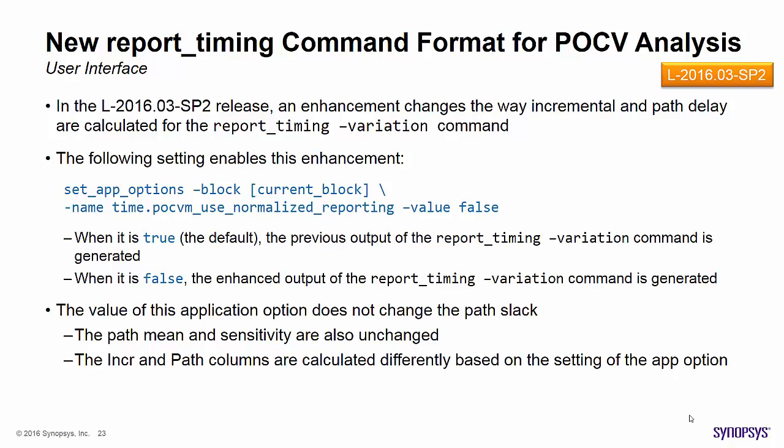When it is true, which is the default, the previous output of the report_timing -variation command is generated. The value of this app option does not change the path slack. The path mean and sensitivity are also unchanged. The increment and the path columns are calculated differently based on the setting of this app option.